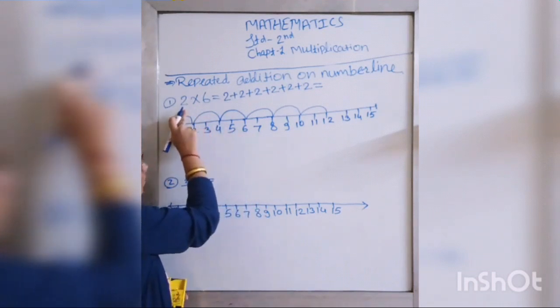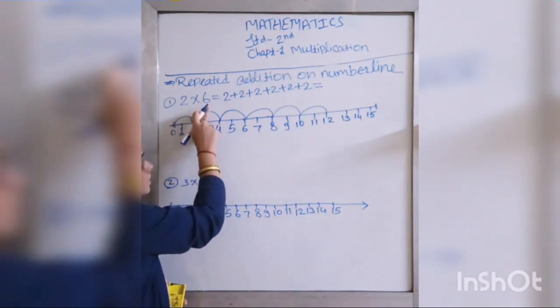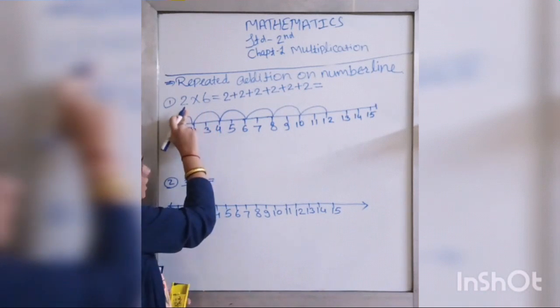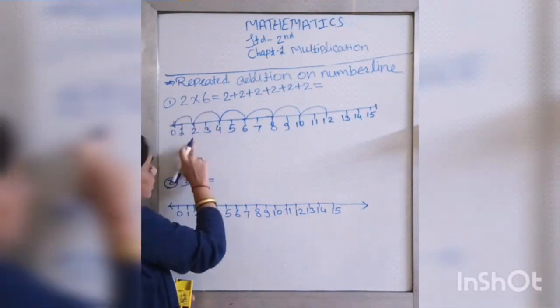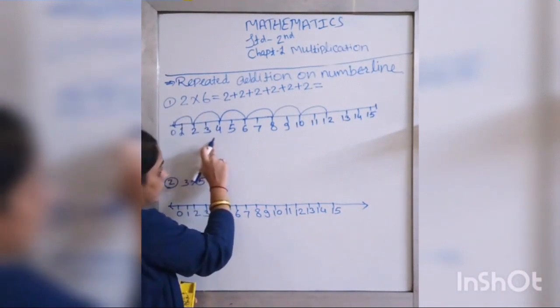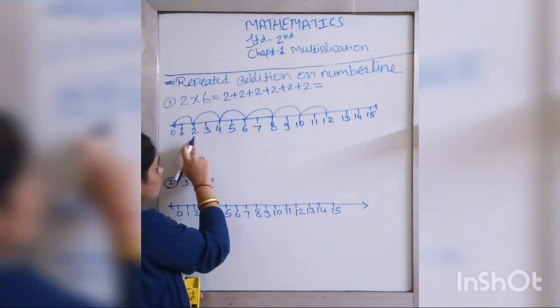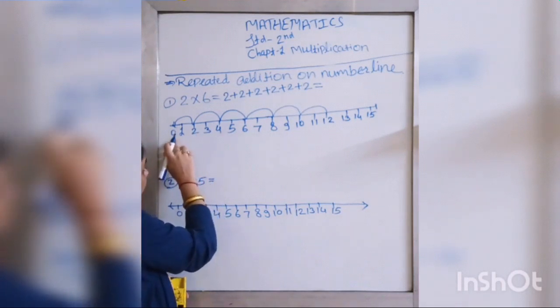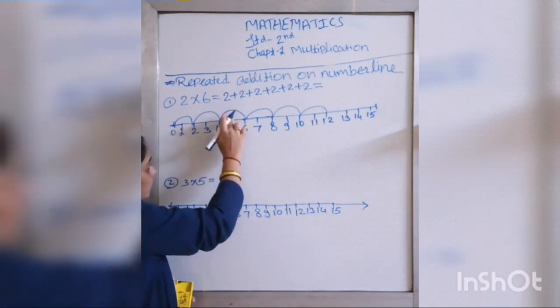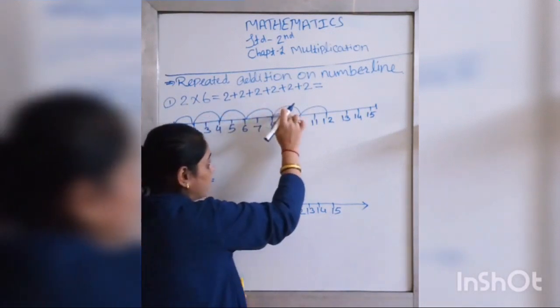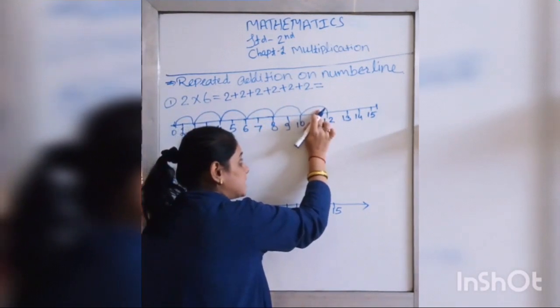As we are going to multiply this 2 into 6, that means we have to add 2 how many times? 6 times. On the number line, we jumped 2 numbers towards the right side, first time, second time, third, fourth, fifth and sixth time.